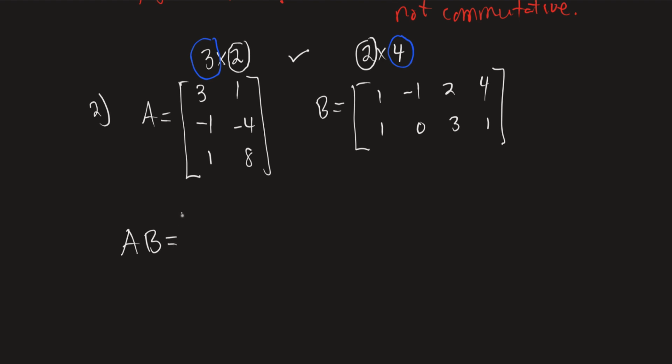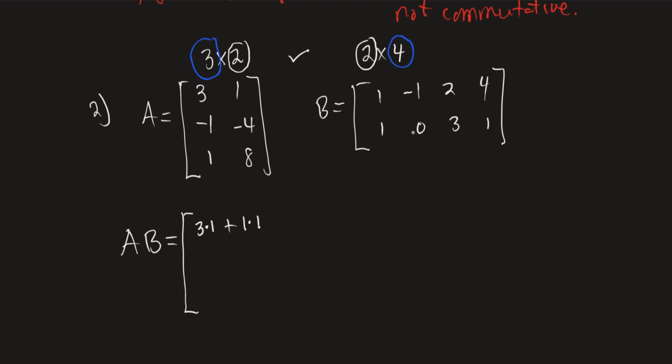So A times B. Since they're already written, A is here, B is here, I'm not going to rewrite them. Let's just write down the different entries. There are 12 entries that we're going to have to write down because it's a 3 by 4. First row, first column: 3 times 1 plus 1 times 1.